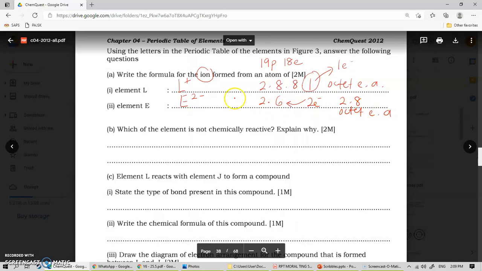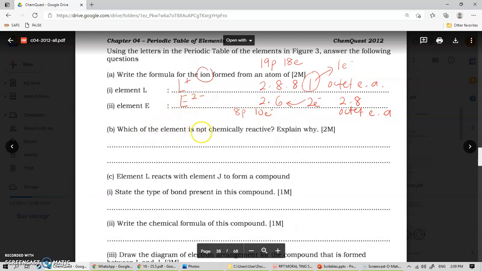When E does that, it still has 8 protons because the number of protons never changes, but now it has 10 electrons. That means it has an extra 2 electrons, which are negatively charged. And that's why E is 2 negative.